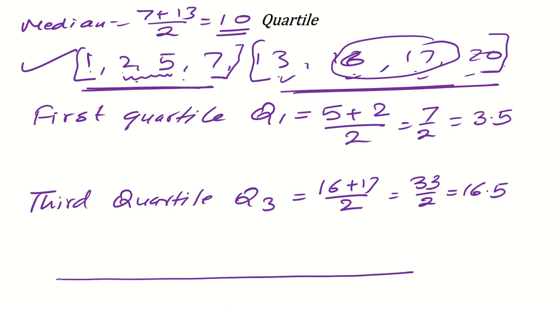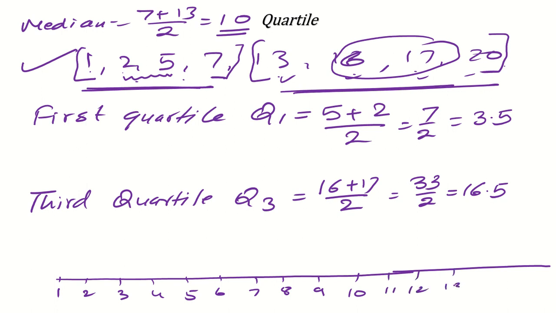The numbers go 1, 2, 3, 4, 5, 6, 7, 8, 9, 10, and then 11, 12, 13, 14, and then it goes up to 20. Just my dear students, please try to understand. Now 1 is the minimum number, so here comes 1.